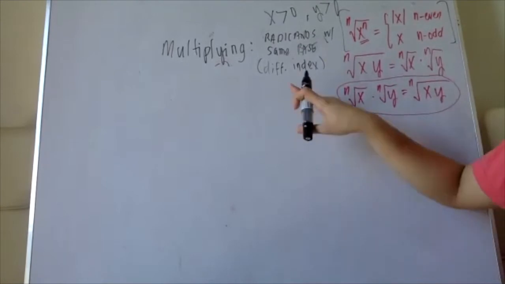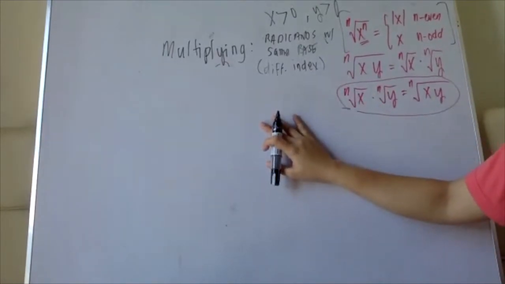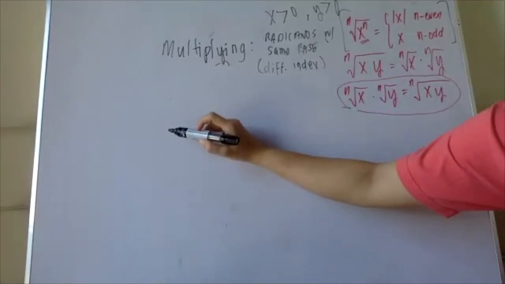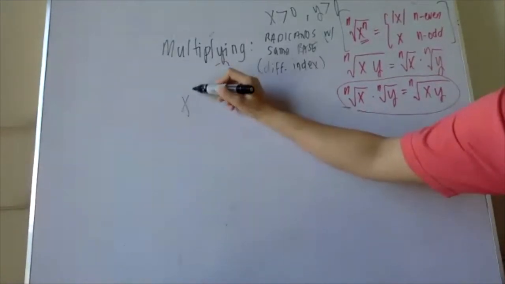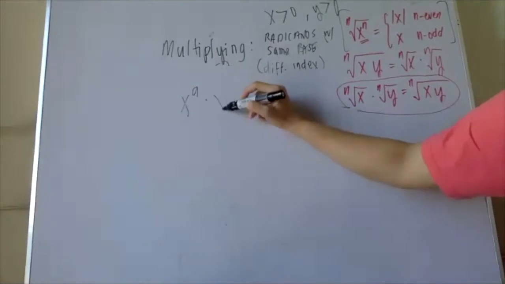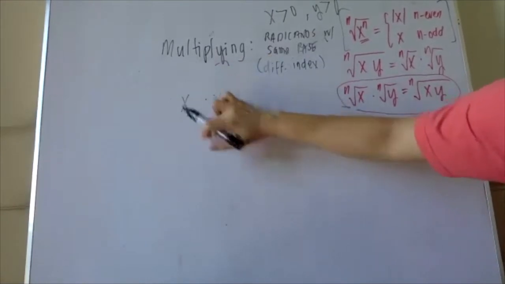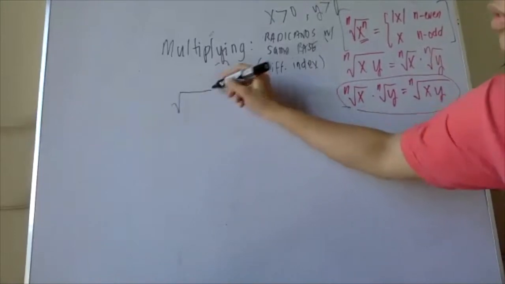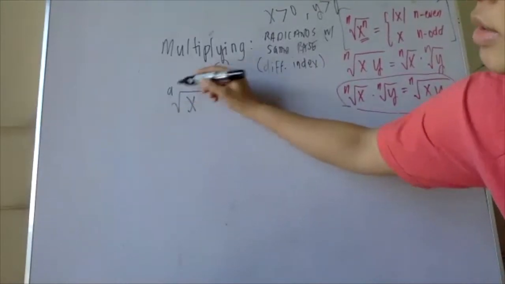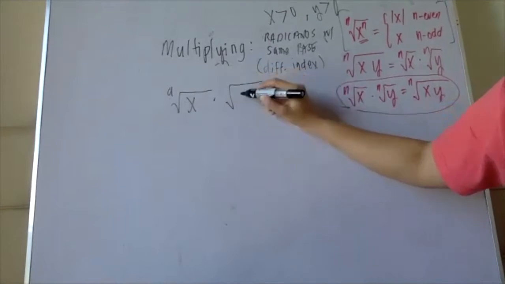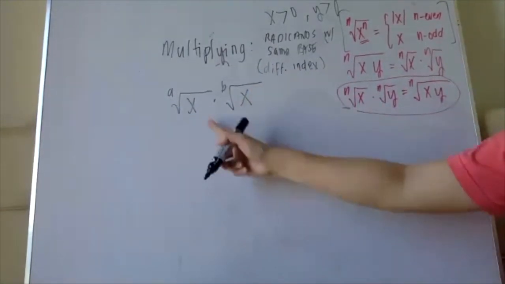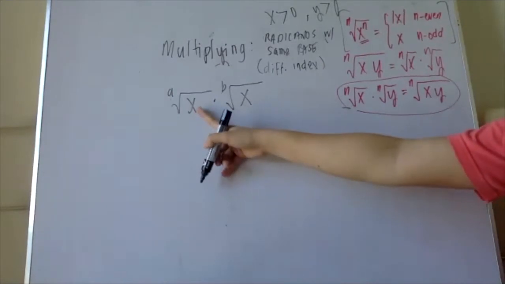Okay? So, in order to do that, we have first to, kung ang given mo is in radical expression, for example, this one, x raised to a times x raised to b. Kung ang given sa'yo is naka-radical form, okay, so here may pareho kang base sa radical.